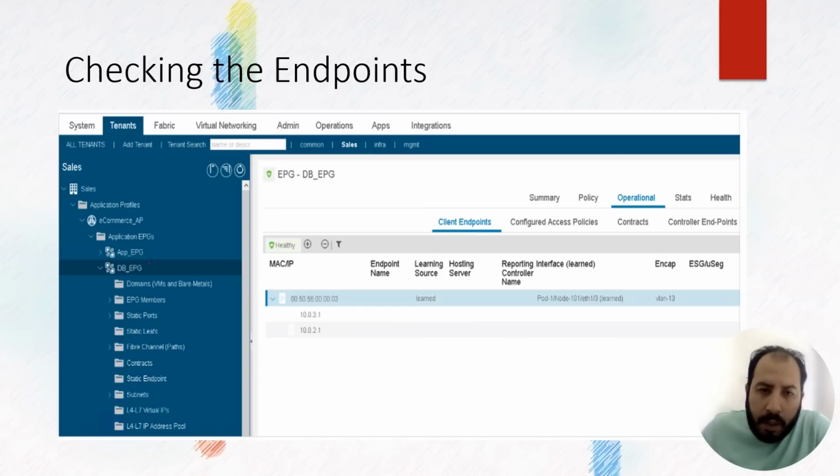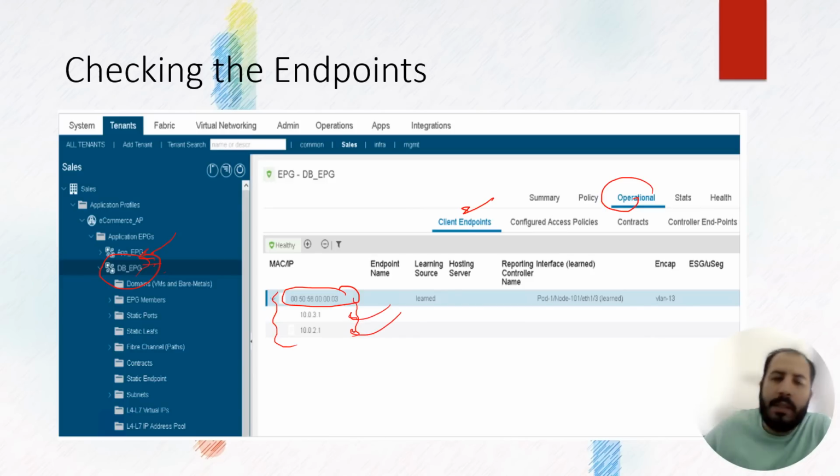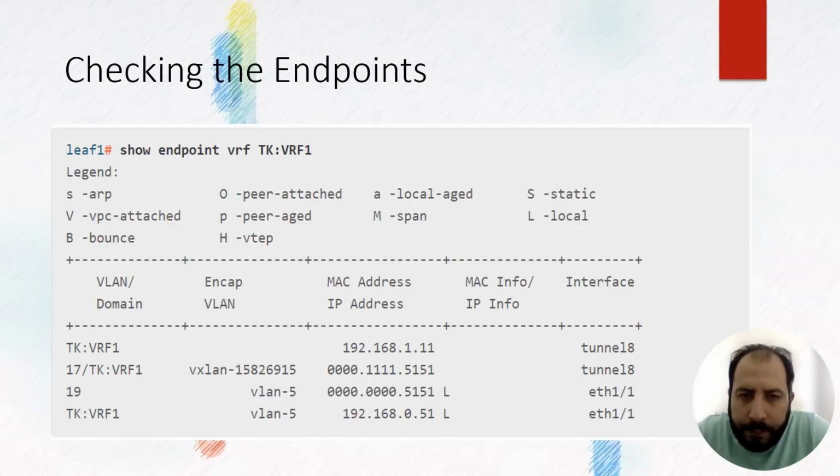First, you jump over to the bridge domain tab here, go under Operational, then Client Endpoints, and you will see all the endpoint information appearing on the tab below. If it's layer 2, it will show you only the MAC address. If it's layer 3, it will show you the MAC address along with the associated IP address.